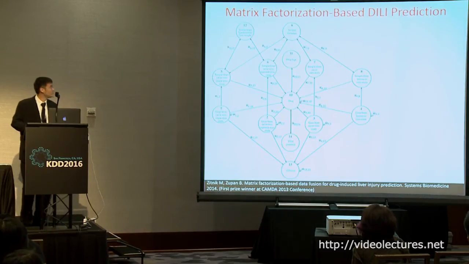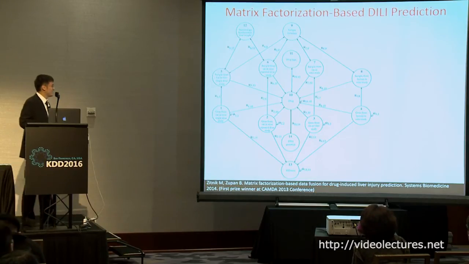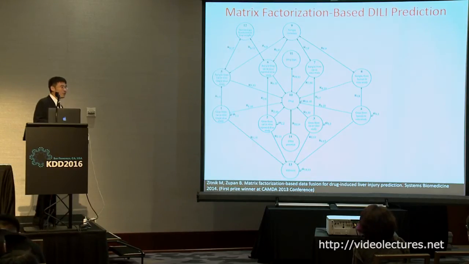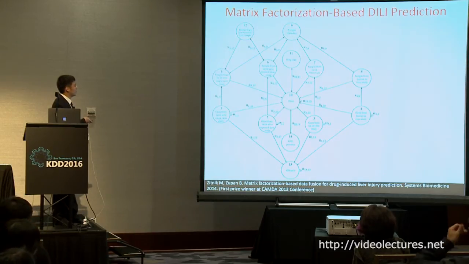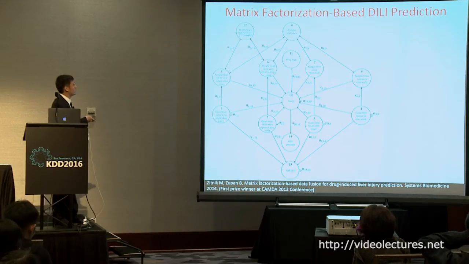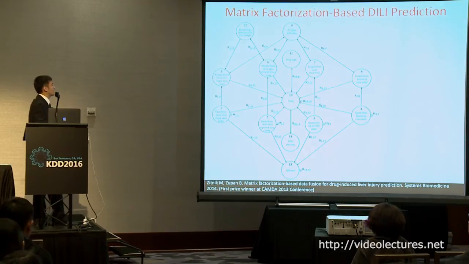Yes. And they made a very big matrix factorization. Right now, they have 14 different domains. For example, the first domain is the gene from rat in vivo, and number 2 is the gene from rat in vivo repeated dose, and gene from rat and gene from human, right? So the first 4 domains are the gene expression data.